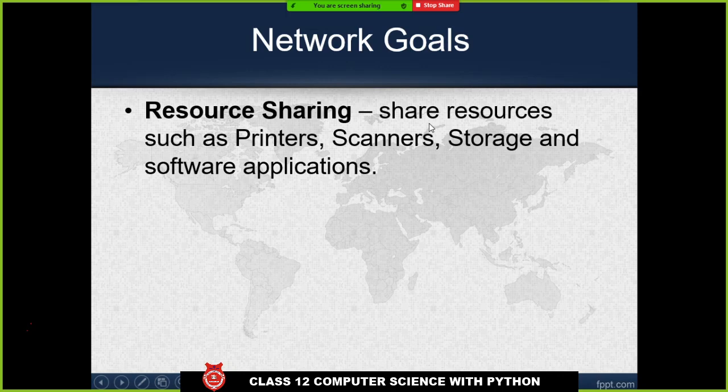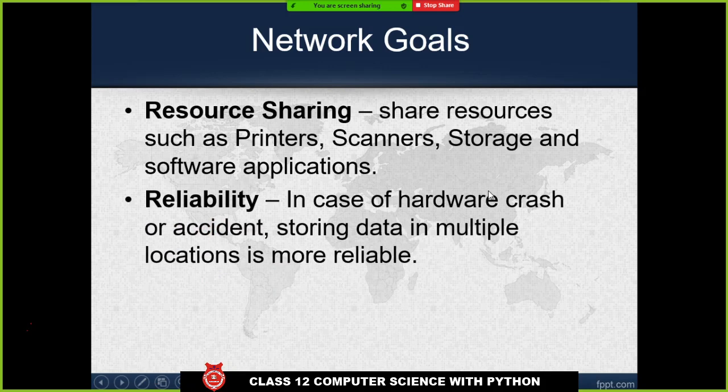When we say resources, it may be printer, it may be scanner, it may be storage device, or it may be software applications. And not only that, resources may include files, videos, photos, etc. All these are under resources.